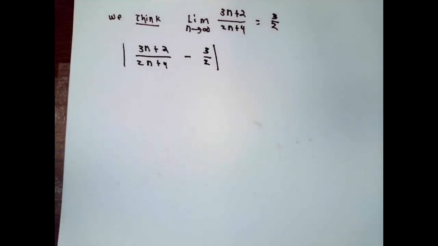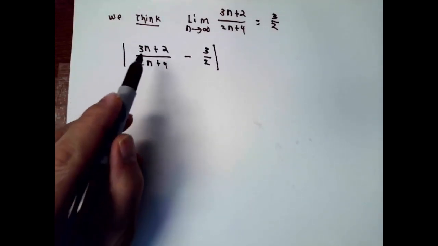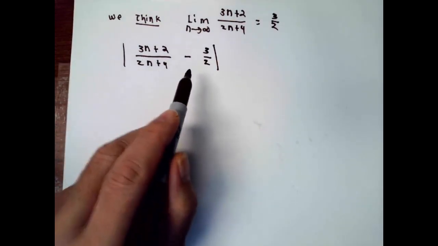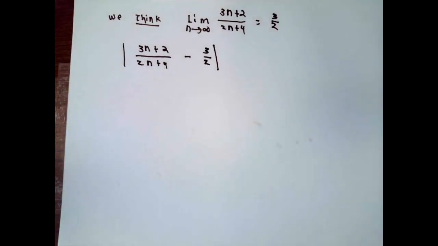I have to look at the absolute value of a sub n minus what I think the L is. Somehow or the other, I have to convince myself that I can make this as small as I want to make it by making the index be bigger than some particular threshold value.